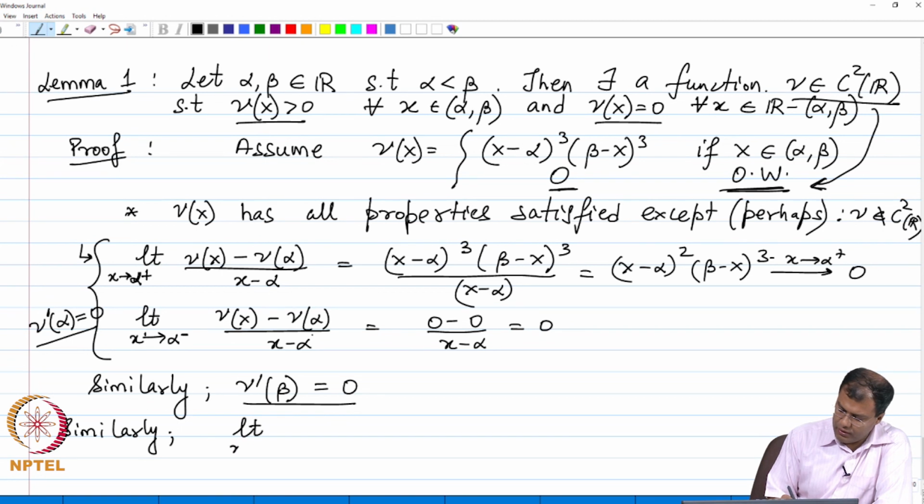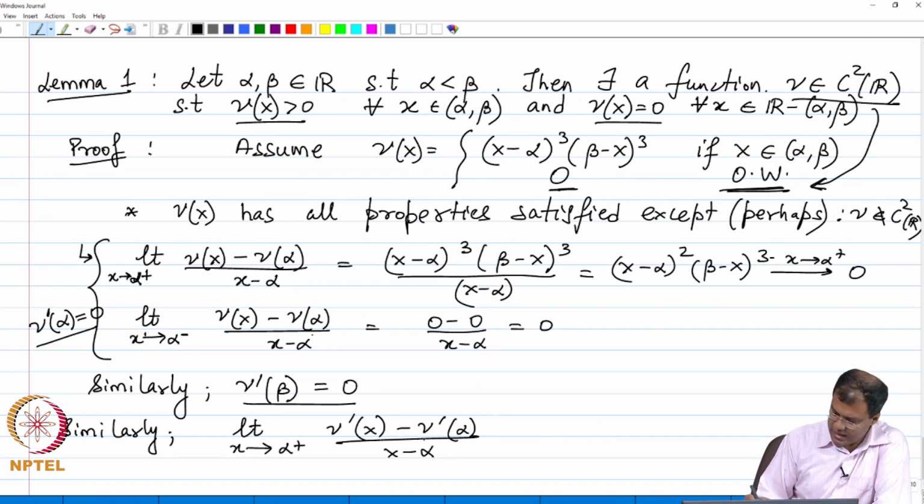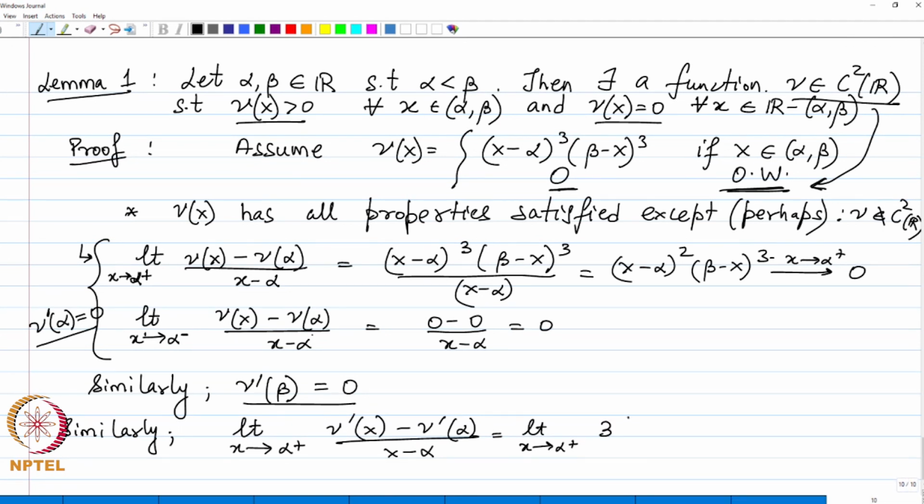Again we have to evaluate the right hand side limit and the left hand side limit of the following ratio, nu prime x minus nu prime alpha divided by x minus alpha, right. So, this right hand side limit is the following. We have already evaluated nu prime of x. We can easily differentiate and evaluate.